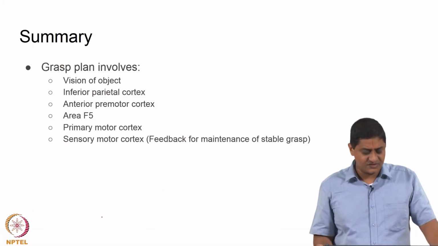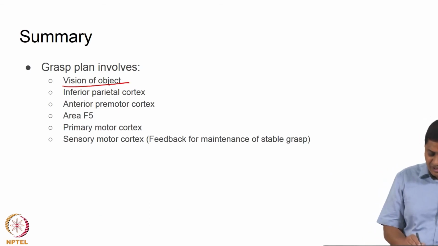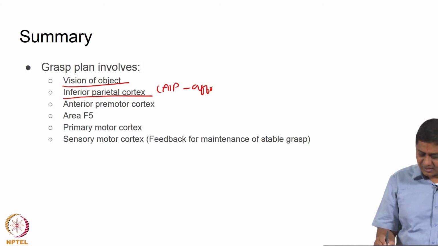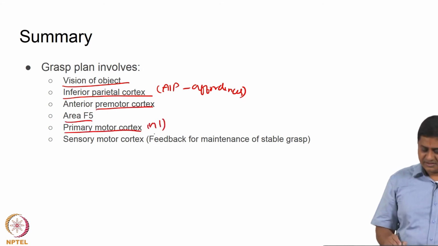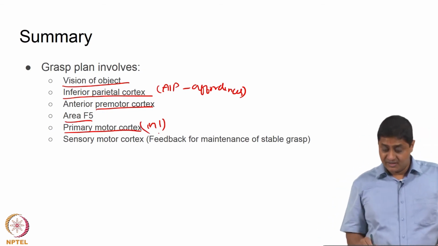So, essentially grasp plan involves vision of the object, inferior parietal cortex information, AAP and affordances, and anterior premotor cortex, area F5, M1, and the sensory areas for feedback for maintenance of a stable grasp.